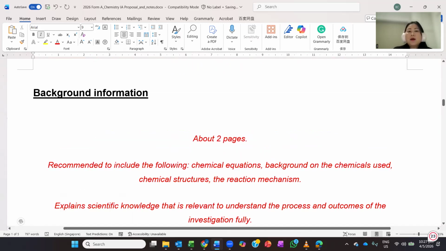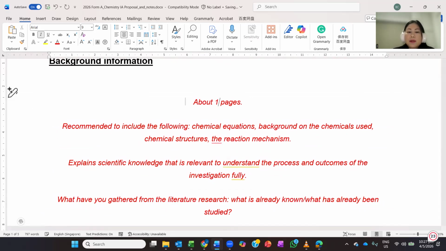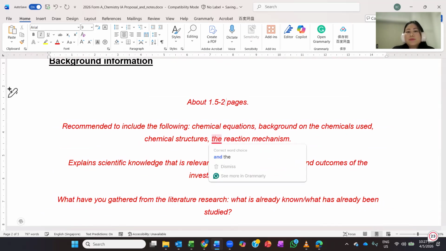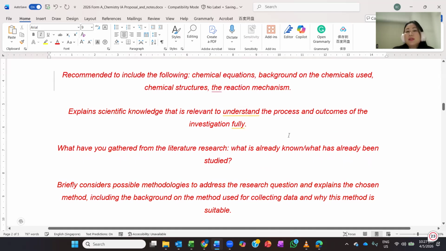Then under background, you will go a bit longer. It can be about 1.5 pages. It will talk about the chemical equations, the background of some of the chemicals used, the chemical structures, any reaction mechanism, any reaction equation. You will explain some of the scientific knowledge that is relevant to your research question.